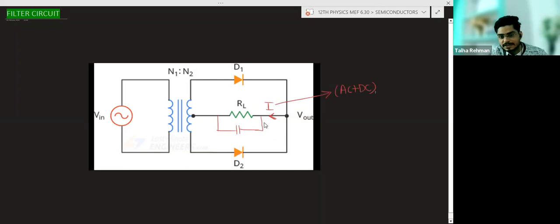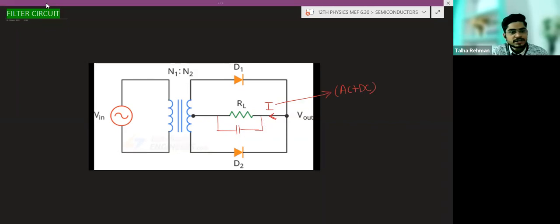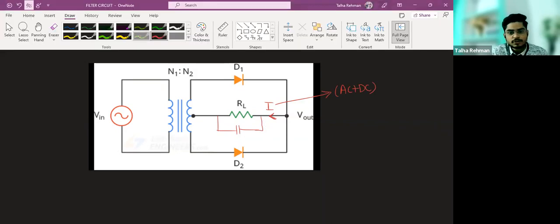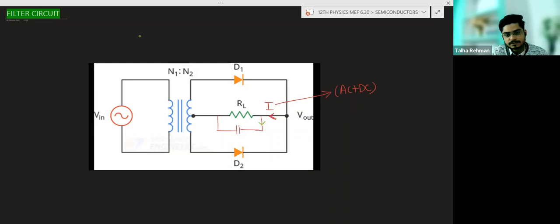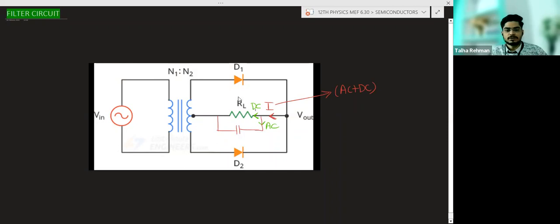But in this capacitor, DC cannot flow. So in this capacitor, AC will go, and whole DC will go through load resistance. It is not clear, I think. It's not a clear diagram.